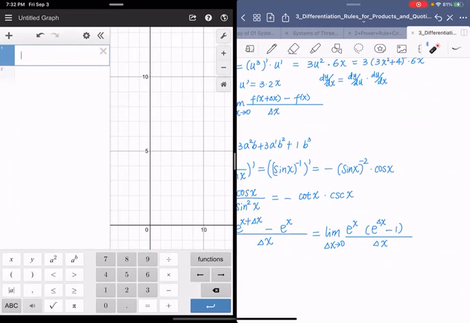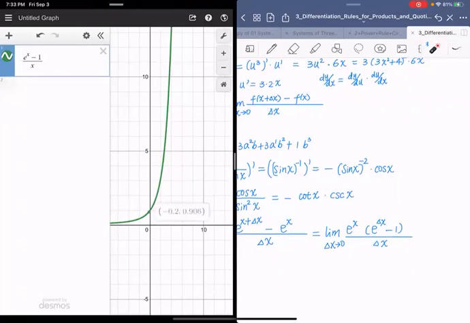So e to the power of x minus 1, divided by x. I need to do the division first. So at this position, when it approaches 0, it is 1.